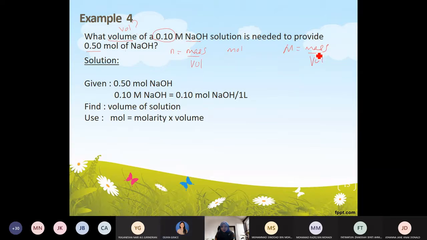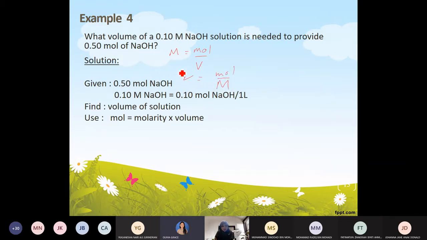So maknanya mol. Okay, M mol over volume. Okay, so now kita rearrange je. So that volume sama dengan mol over molarity.